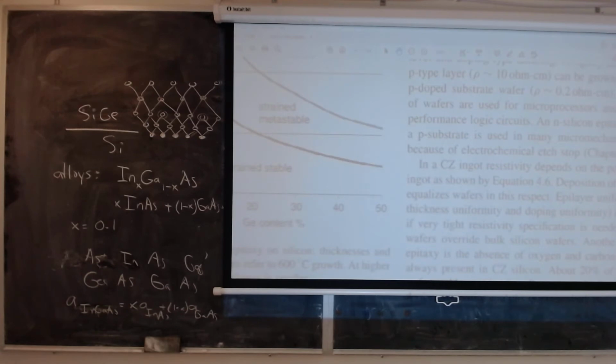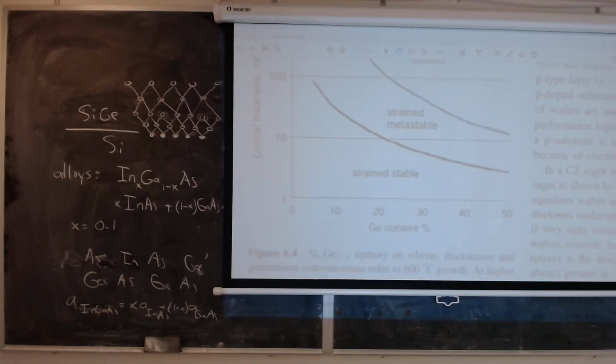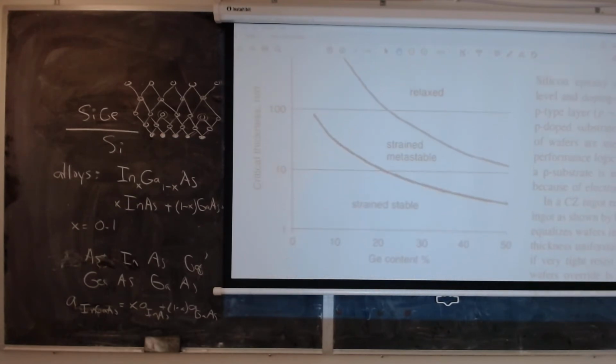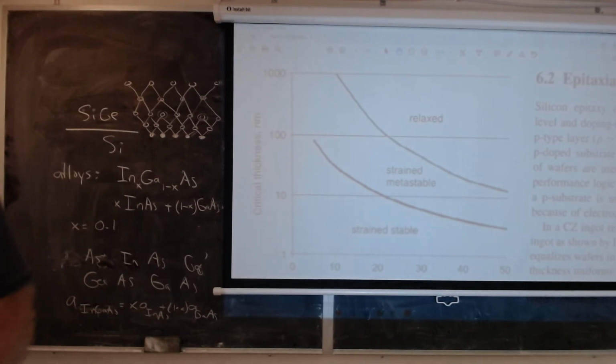And then going back to this diagram here, what it's showing is that depending on how much germanium is in there, it tells you how thick a layer you can grow and still be stable. So for example, if it's silicon germanium with just 10% germanium content, and this is a log plot, so going up here, that's somewhere around 30 nanometers.